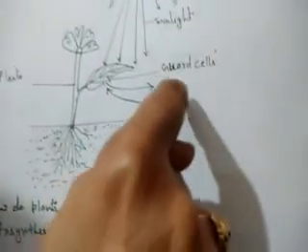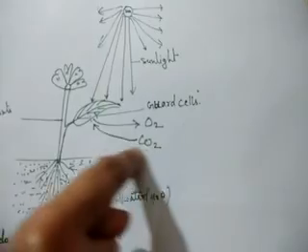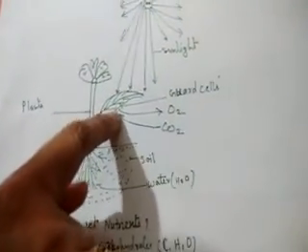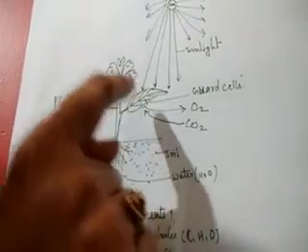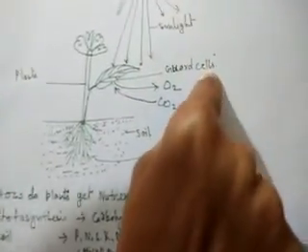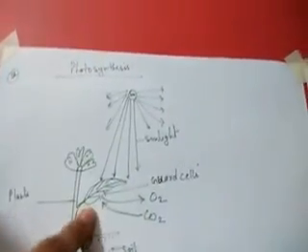And the carbon dioxide from the atmosphere enters into the leaves of the plant through tiny pores called guard cells. And the sun gives the sunlight.